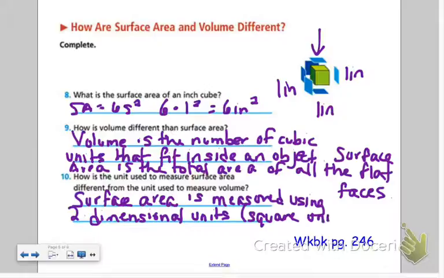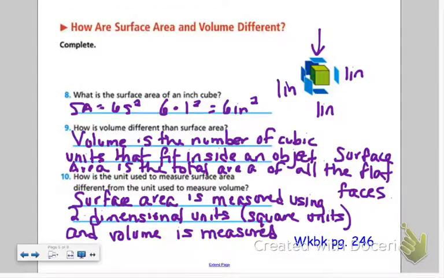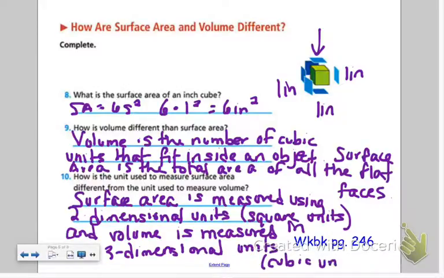So maybe you're measuring in flat squares like inch squares or centimeter squares or mile squares, but they're still squares. They're flat. They're two-dimensional. And volume is measured in three-dimensional units, cubic units.